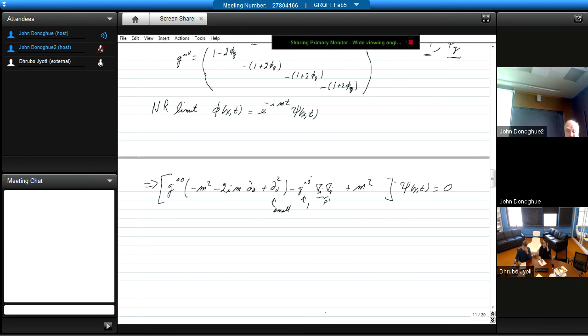So the G00 has a one piece. The one piece, m squared and m squared cancel each other. The only piece that survives here is the 2 phi.